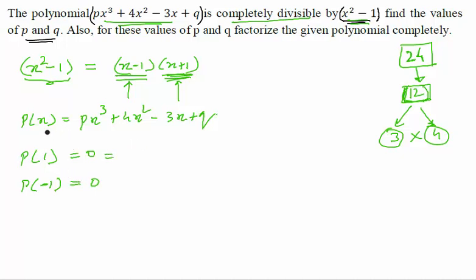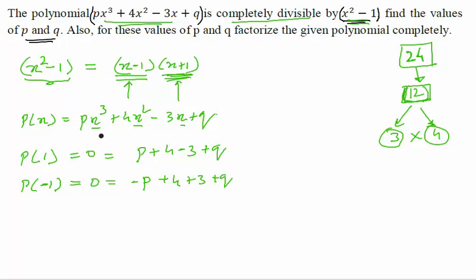It is the value we get when we substitute 1 in place of x. So we will get p plus 4 minus 3 plus q. And what is p of minus 1? The value we get when we substitute x equal to minus 1. That will become minus p plus 4 plus 3 plus q.